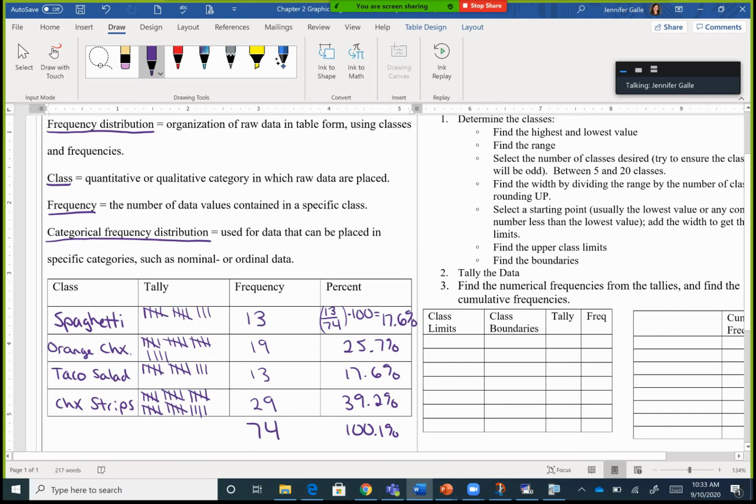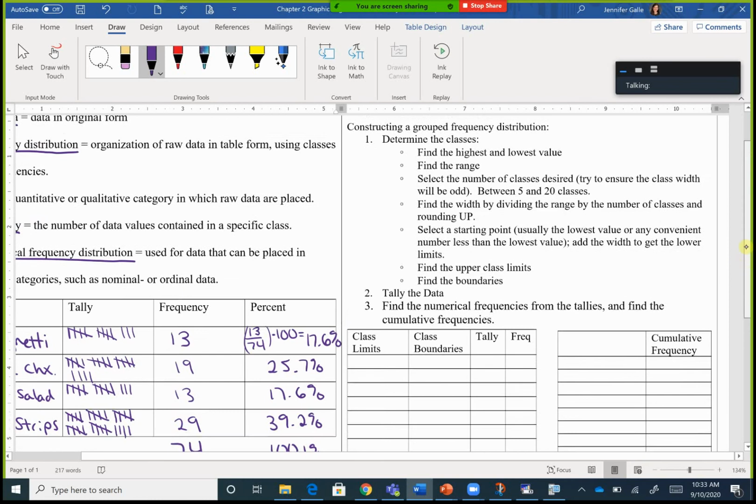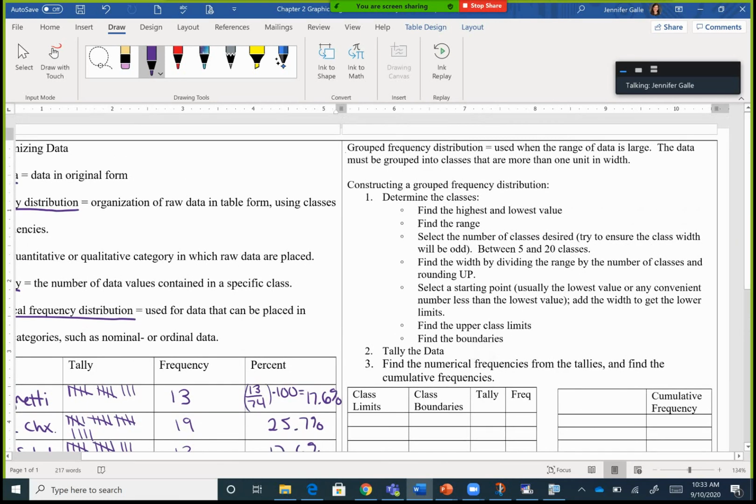That's our first one. The second one, if you go over to our second box, up at the top, we have grouped frequency distribution. This is going to be for our quantitative variables. And we're going to use this when the range of our data is large.